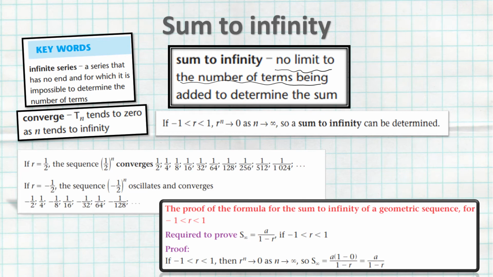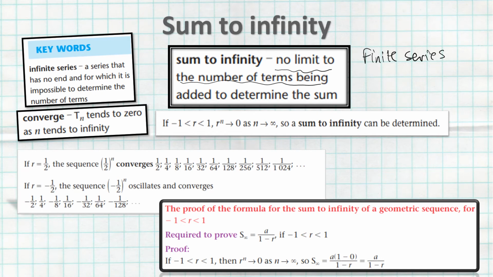Keywords. So now you get some of the properties of this series, how it should be. It must be an infinite series, right? So we have two types of series. We have an infinite series, and we also have a finite series. An infinite series is a series that has no end.